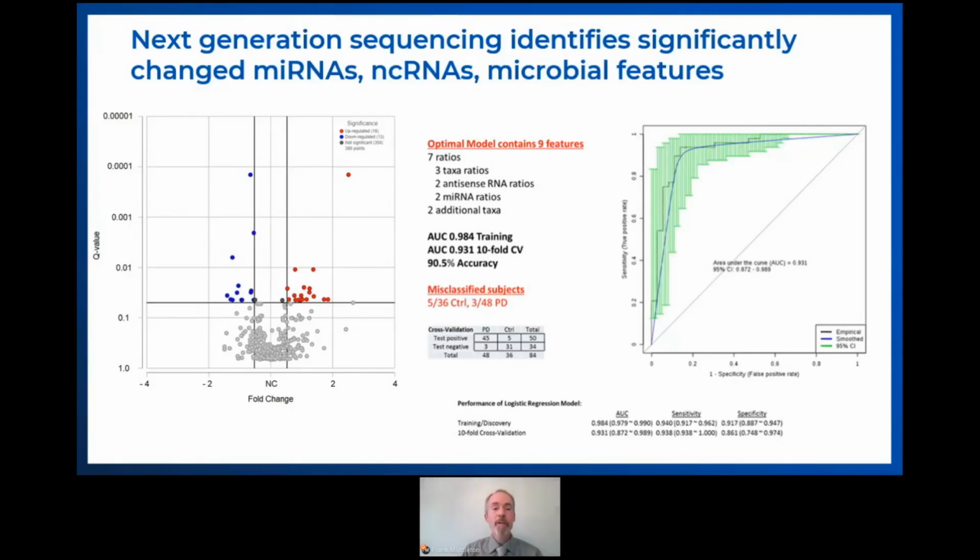But when we actually combine the human microRNA, the piRNA, and the microbial content and train the best model possible, we can see performance that is indicated by the plot on the right of this slide. So more than 90% accuracy is achievable with as few as really a half dozen important molecular measurements and ratios between some of those. So we're very excited about the potential utility of saliva to be potentially diagnostic for Parkinson's at its earliest stages.